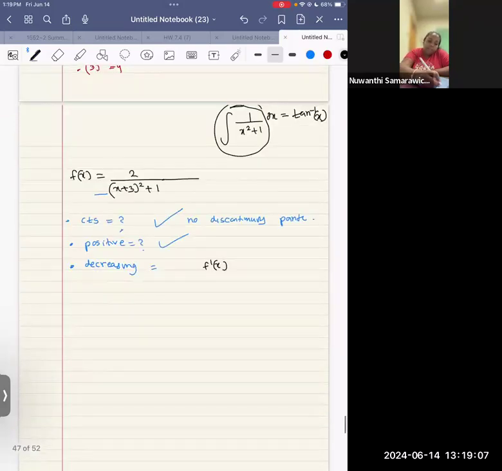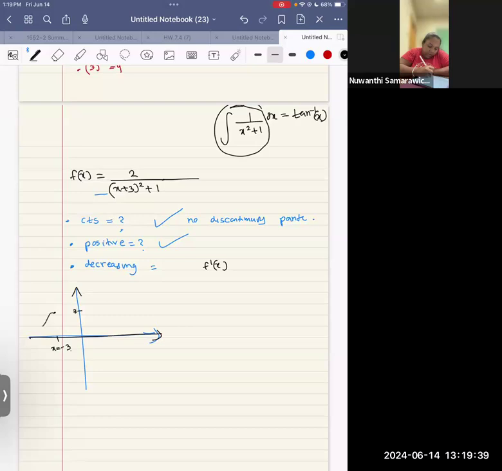But here, if you roughly draw the graph, your graph will look like this: at x equal to -3, this is the maximum we get. Here you will get (0, 2).